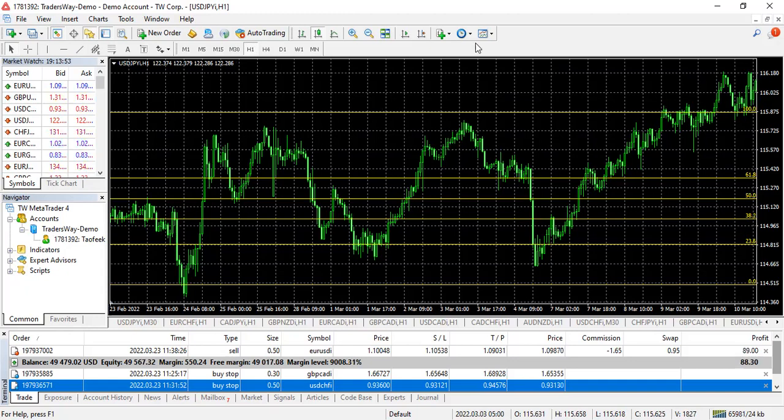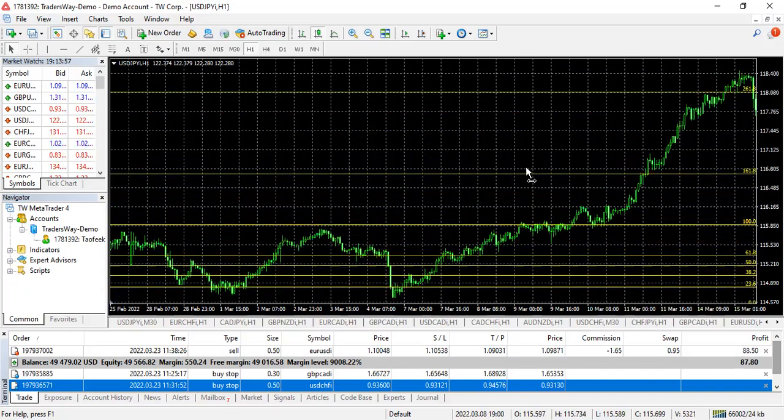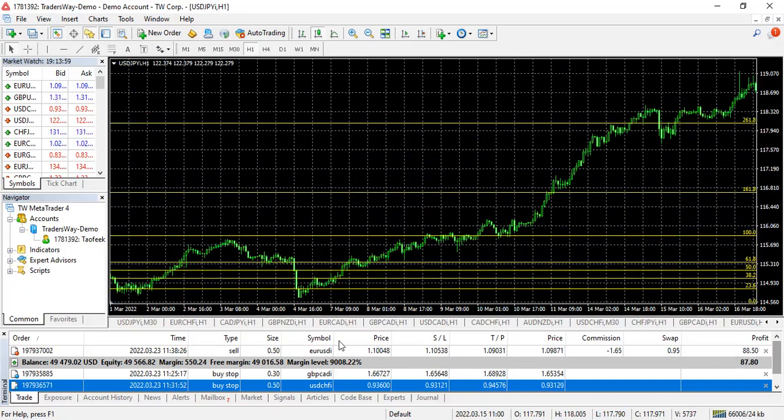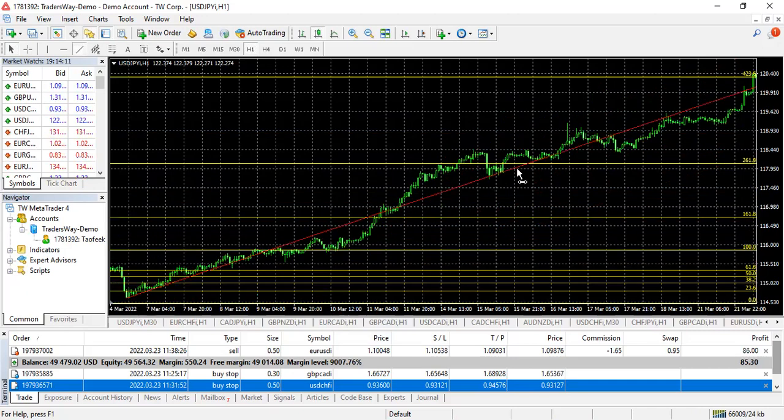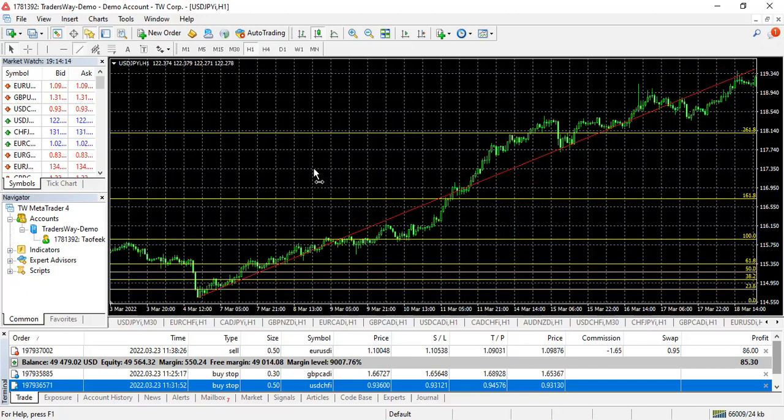So in a trend, we can also use Fibonacci as well. When the market is in an uptrend, just like this, let me draw a trend line to it. Either you are trading a trend or not trading a trend, you must consider support and resistance levels.